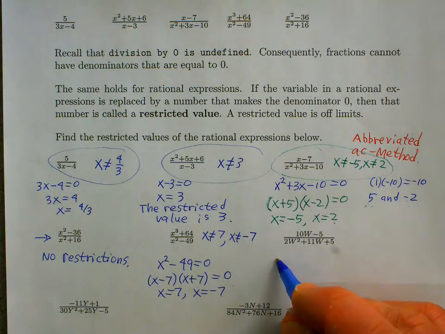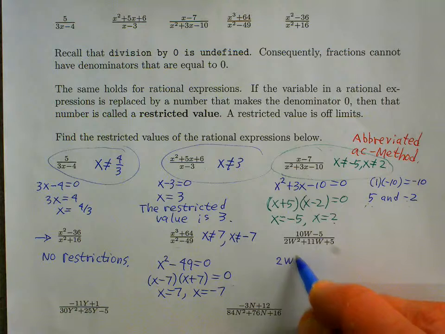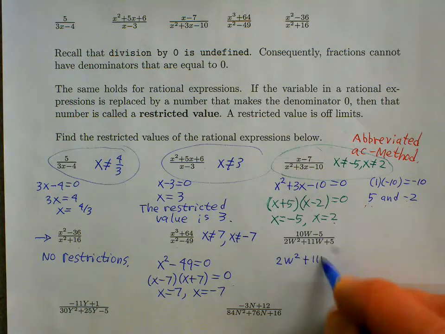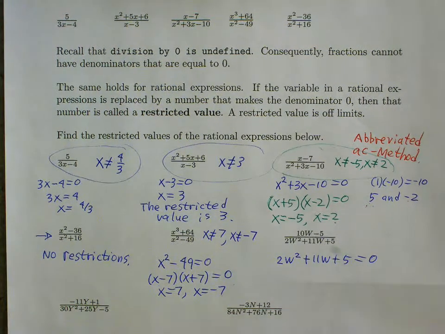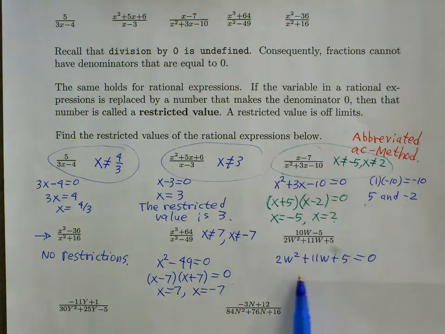So to find the restricted values, we set the denominator 2w to the second plus 11w plus 5 equal to 0. The real valued solutions are the restricted values.